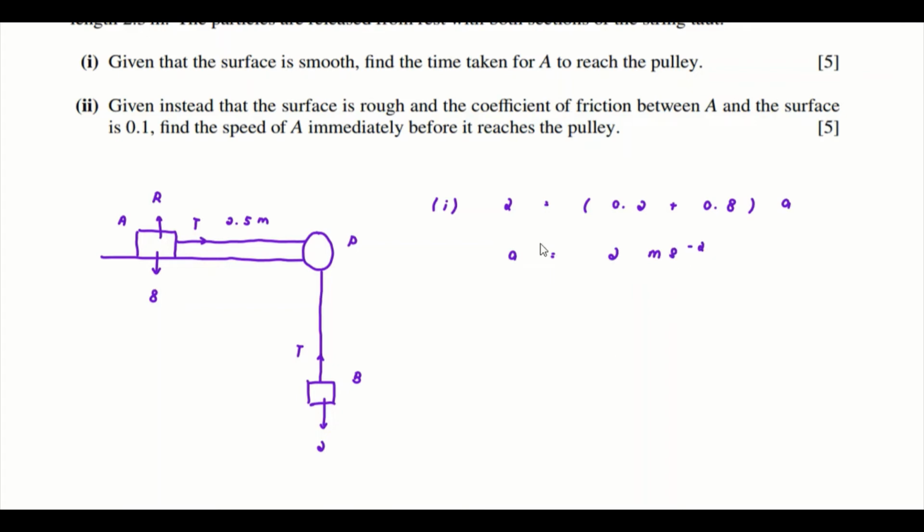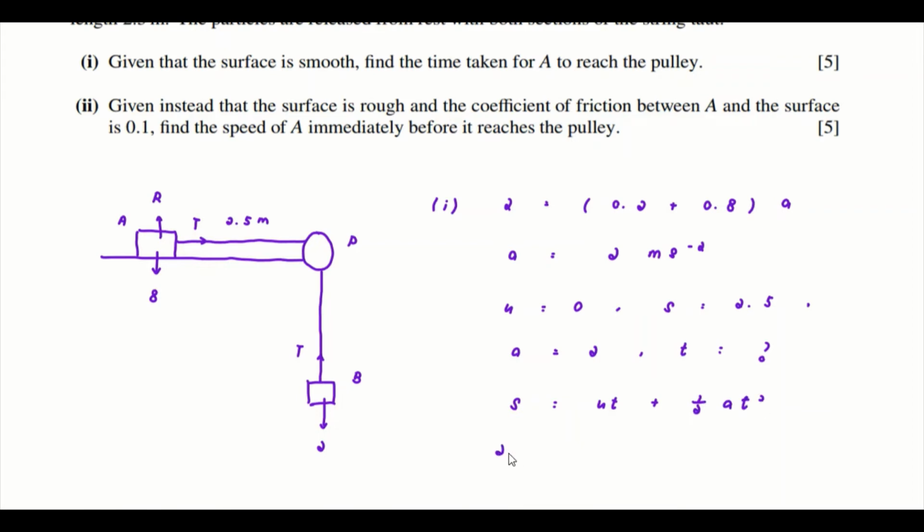So after we get this, then I think we can solve out the SUVAT. So it's released from rest as well. So the total displacement is 2.5. Alright, then after that, what else do we have? Yeah, A equals to 2, so we need to find our T. So U, S, A, T, then we can use the formula S equal to UT plus half AT square.